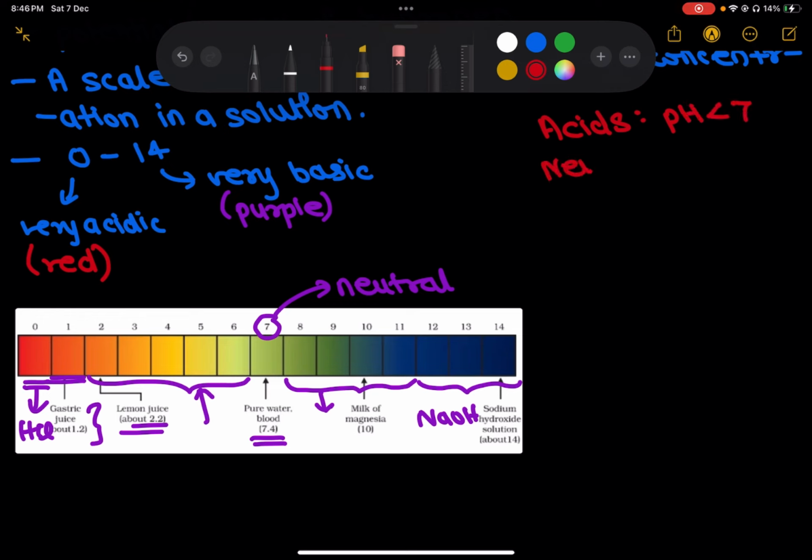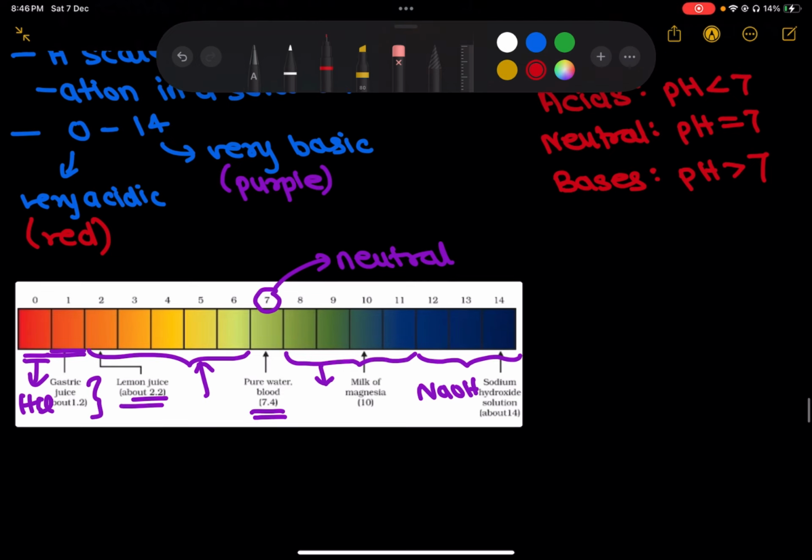For neutral, pH should be equal to 7. And for bases, pH should be greater than 7. So this is the basic differentiation.